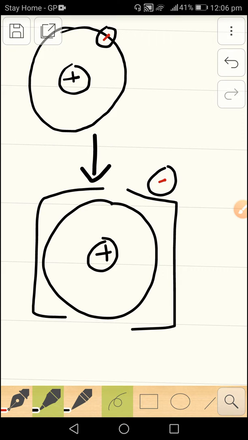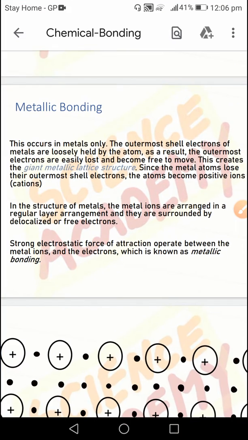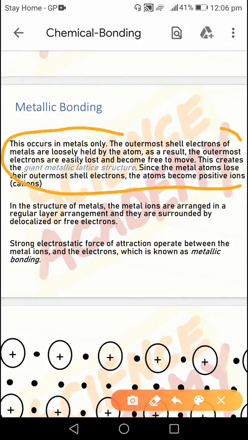That's what I'm trying to say: the outermost shell electrons of metals are loosely held by the atom. As a result, they are easily lost and become free to move. Since the metal atoms lose their outermost shell electrons, the atoms now become positive ions, the cations.